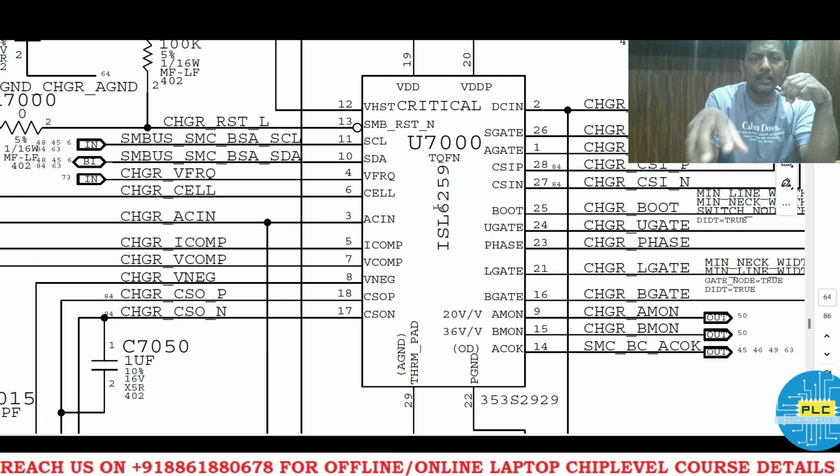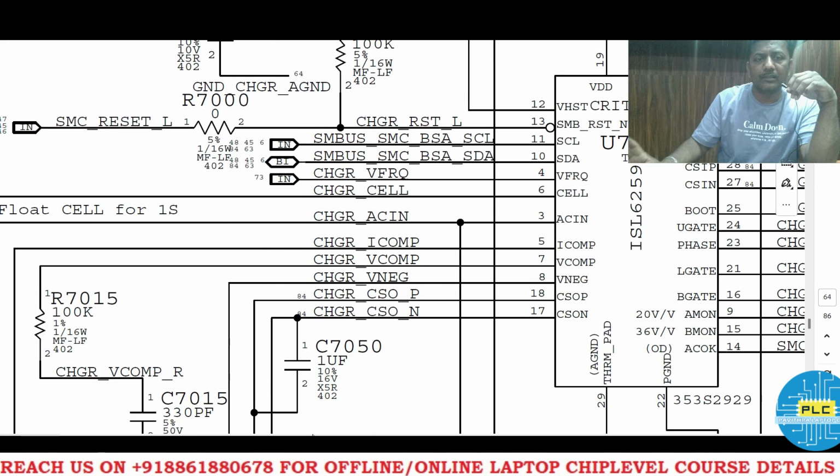Okay, now your turn. You need to check in your laptop what voltages are coming, and after that what voltages you are getting. So exactly, you are facing plugged in not charging, right? See, one more important pin for plugged in not charging. Everyone will neglect this, but I don't know whether everyone will neglect it or not, but this is the reset pin, SMC.